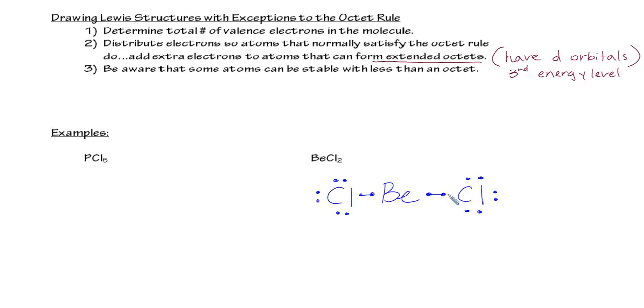Don't overthink it. Same thing with phosphorus pentachloride. Phosphorus has 5 valence electrons, and I normally draw 5 valence electrons as a pair and 3 singles. Often, phosphorus just wants to make 3 bonds. In this case, it's going to make 5. We're just going to bond all 5 valence electrons. So let's throw on 5 chlorine. 1, 2, 3, 4, 5, 6, 7 valence electrons on each chlorine.